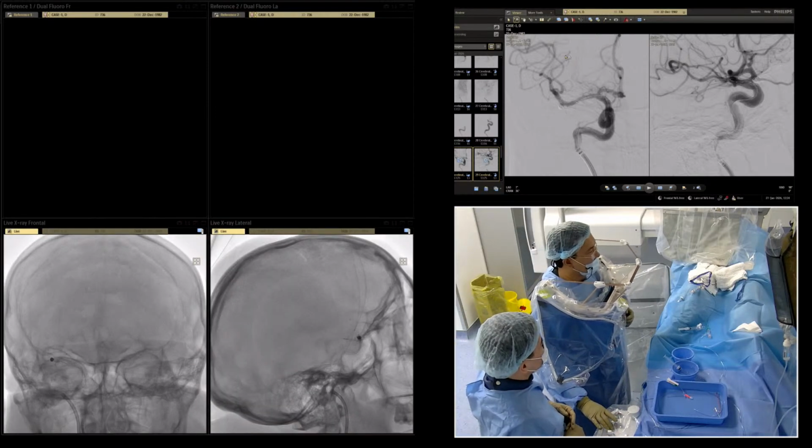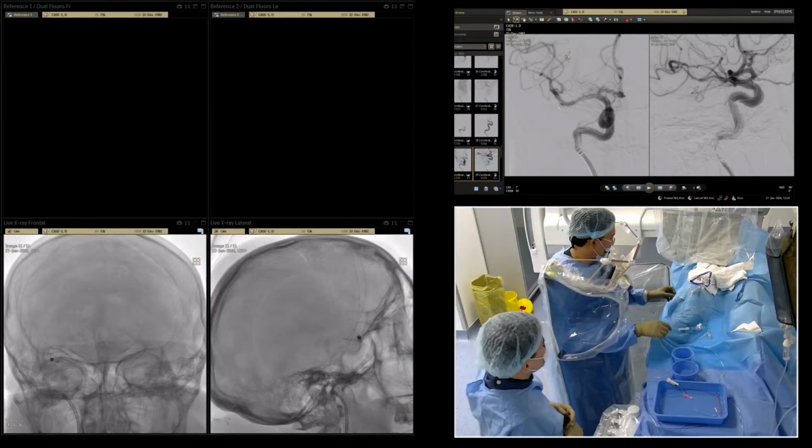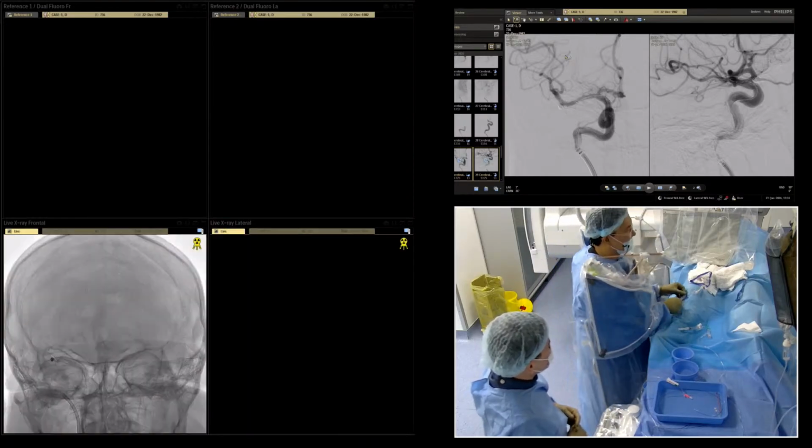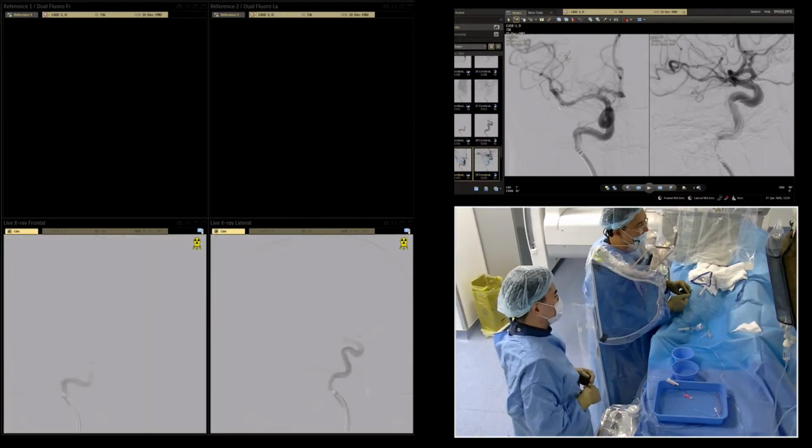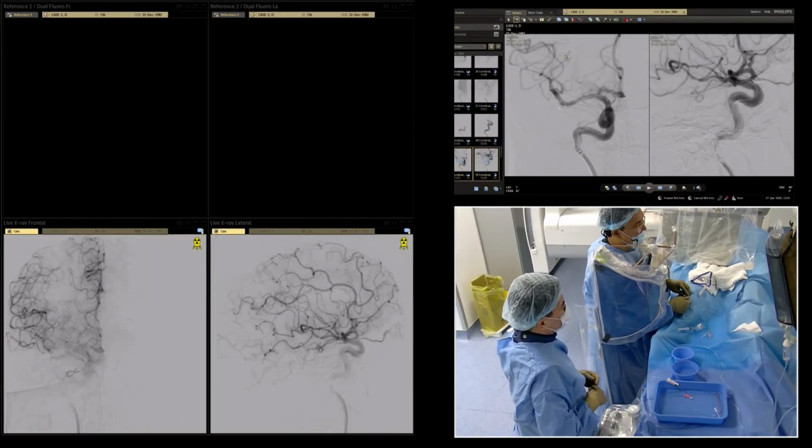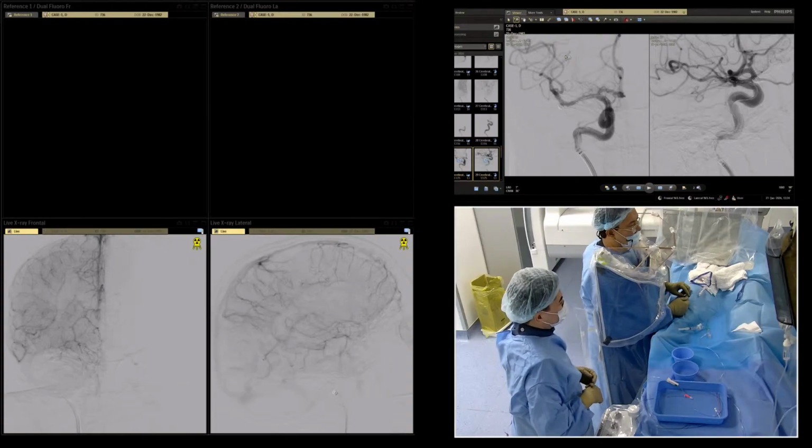Drop it under surface. Yeah. Let's check the IC. Yes, there is no bleeding.